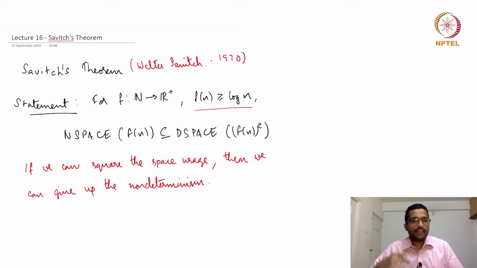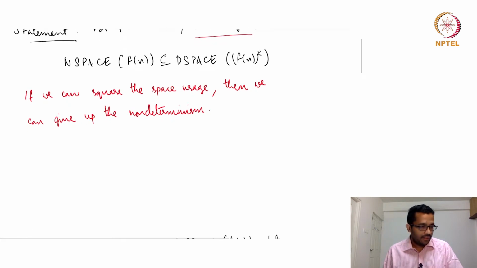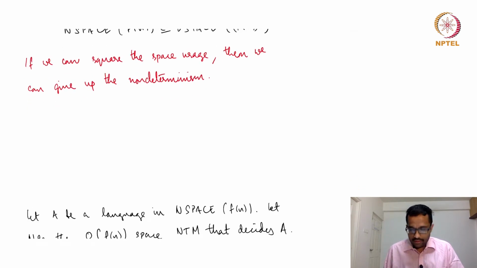Basically, you can trade non-determinism for extra space, like squared space. This is very interesting, because we are giving up non-determinism in exchange for a bit more space, and we do not have anything like this in the case of time complexity. So let us see how to prove it, and the proof turns out to be surprisingly simple.